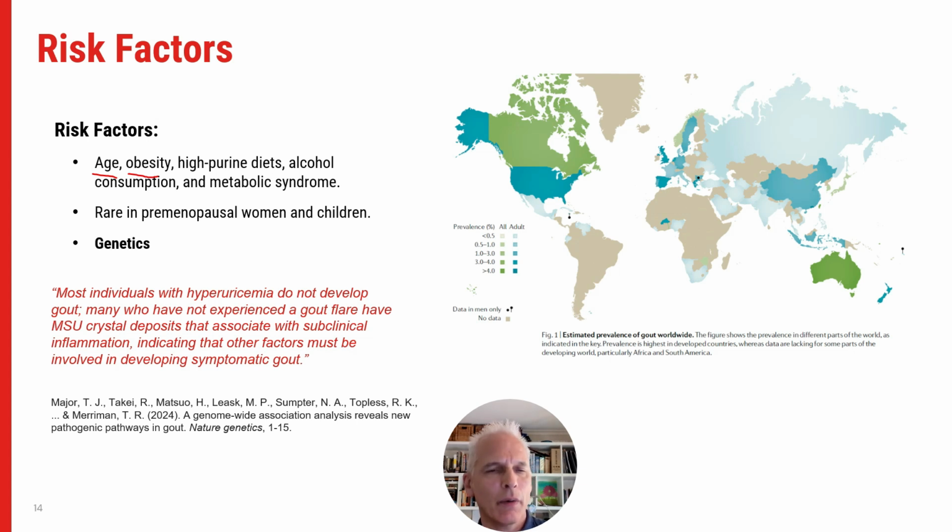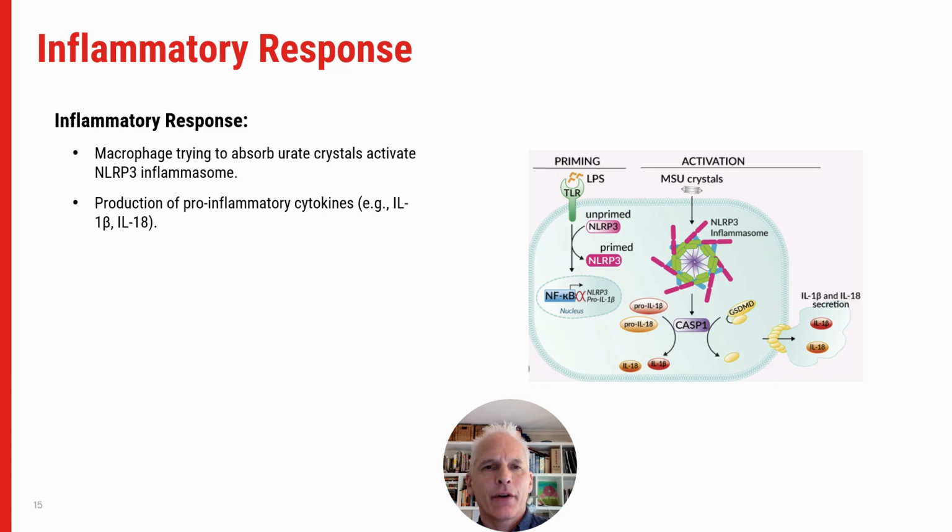So it's a combination of factors which can increase your chance of developing gout. Now, I'm not going to go into this in any more detail here, other than to say that macrophages try to absorb the urate crystal in the joints, and that activates something called the NLRP3 inflammasome. Let's not talk about it in great detail, but it is certainly something that is being targeted when it comes to gout medication.